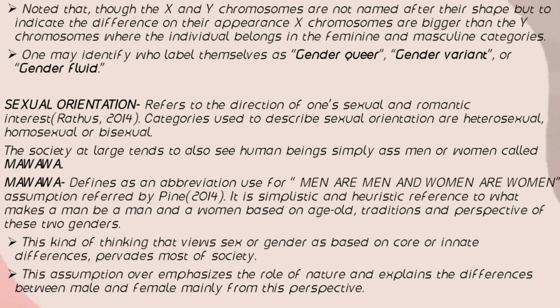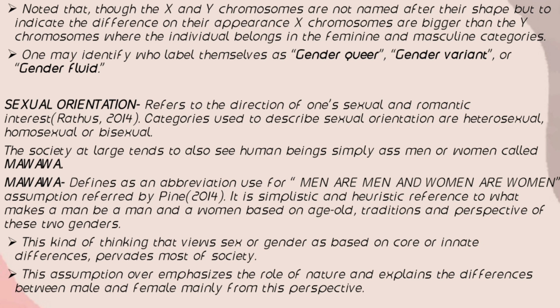Society at large tends to also see human beings simply as men or women, called mawawa. Mawawa is defined as an abbreviation used for the assumption that men are men and women are women, referred by Pili 2014. It is a simplistic and heuristic reference to what makes a man be a man and a woman be a woman based on age-old traditions and perspectives of these two genders.